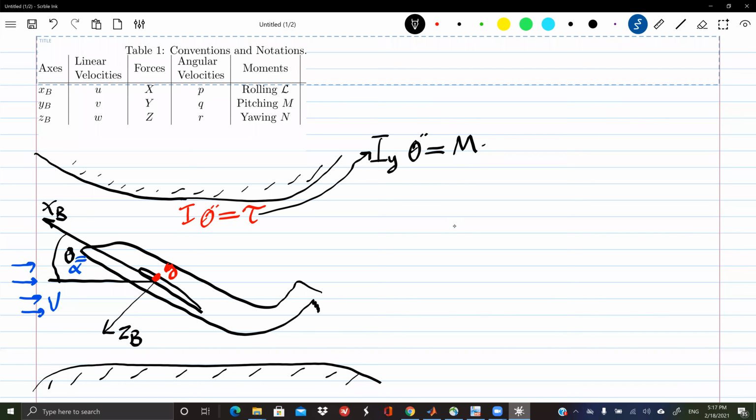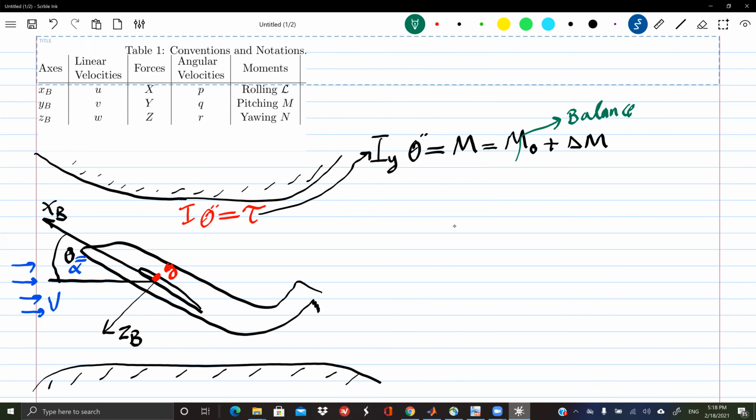Like anything in this class, I'm going to expand M as a value at the operating point, balance, plus delta M, the change from the operating point. Then I will assume balance at the beginning, so I will assume M naught to be 0.